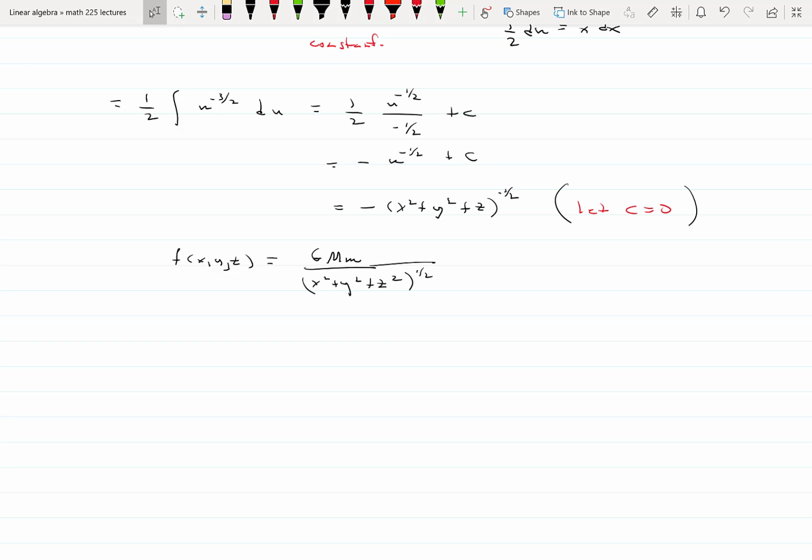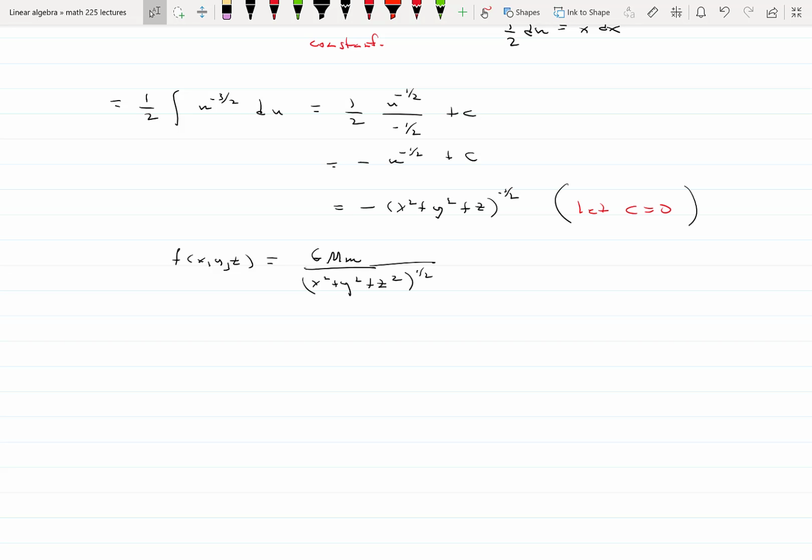Just because I've constructed a function that has its partial with respect to x equaling the x component of the forcing function, doesn't mean that f of x, y, z is going to satisfy the other two components.